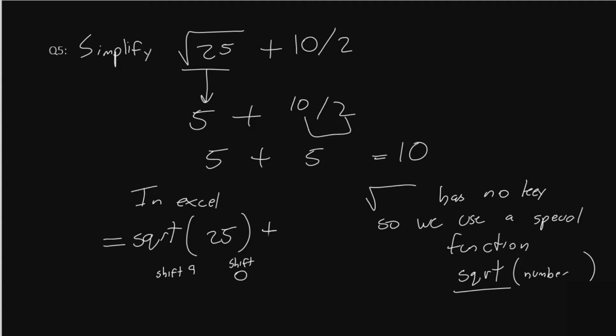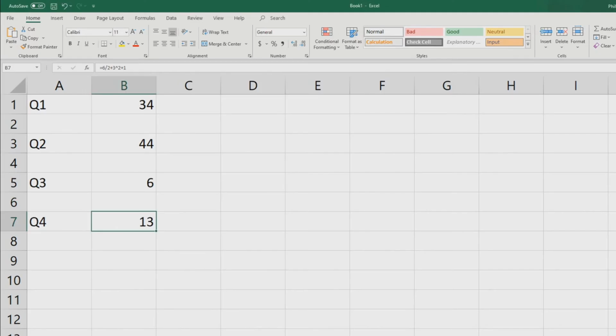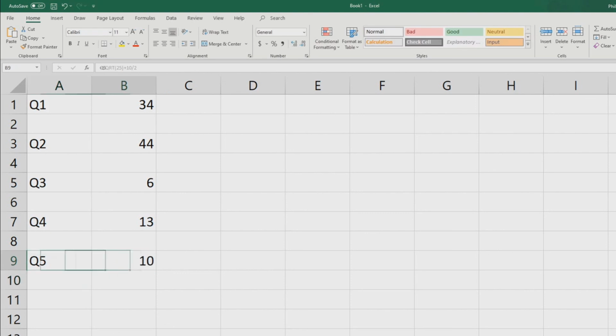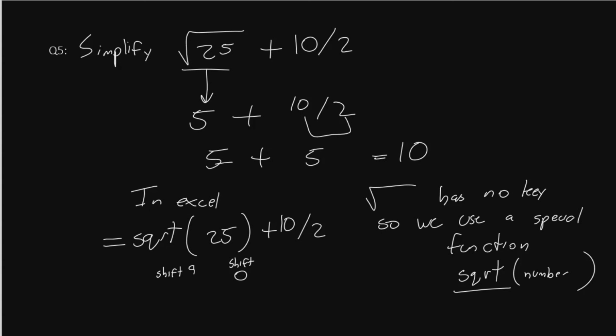We will say plus 10 divided by 2, using the slash for divide. So I'll demonstrate in Excel now. So question 5. It's going to be equals SQRT of 25. Make sure at that point, once you've entered the 25, that you close the parentheses, and then plus 10 divide by 2. That gives you the answer 10. That is a match for what we got previously.